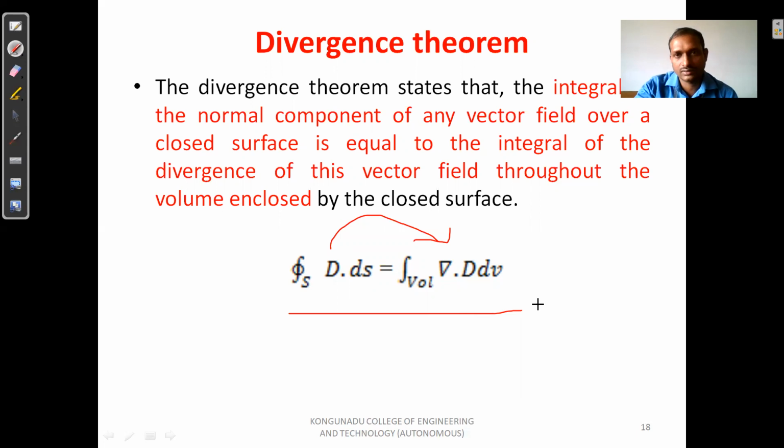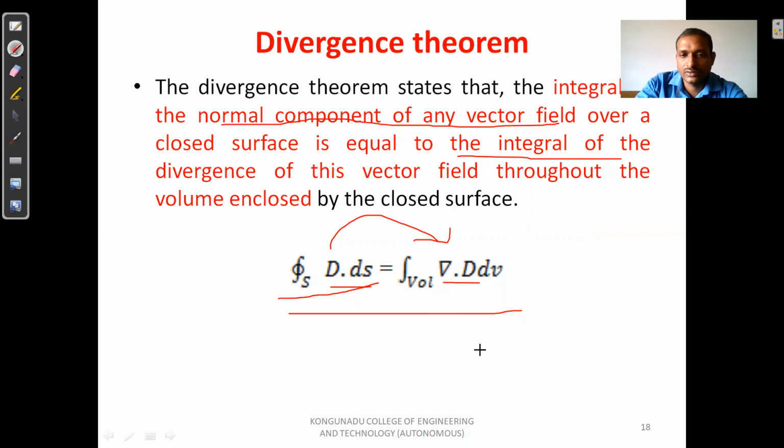The statement says that the integral of the normal component of any vector field, which means D dot ds, over a closed surface is equal to the volume integral of the divergence of this vector field.